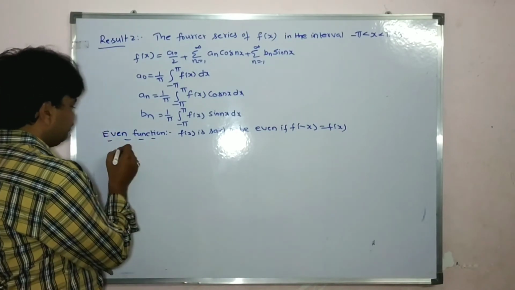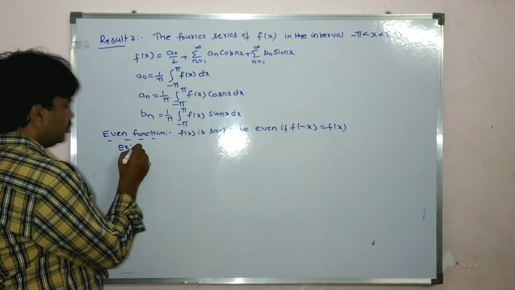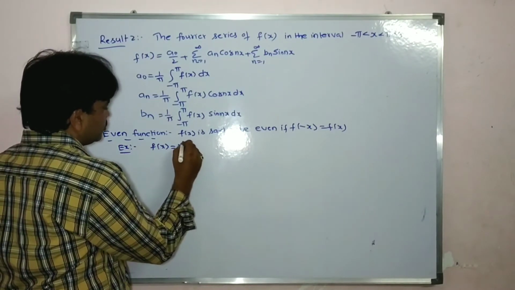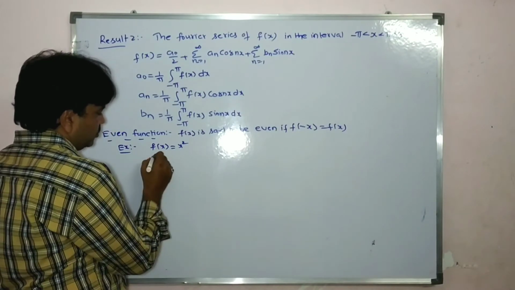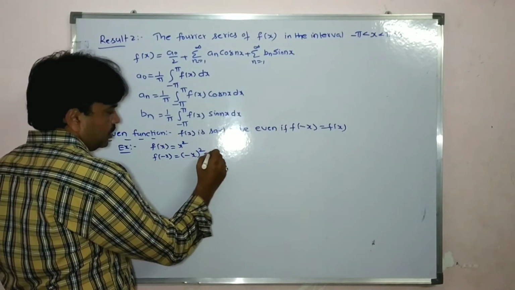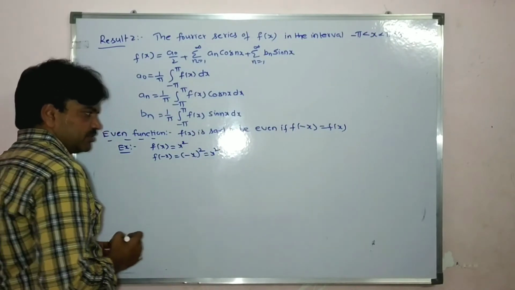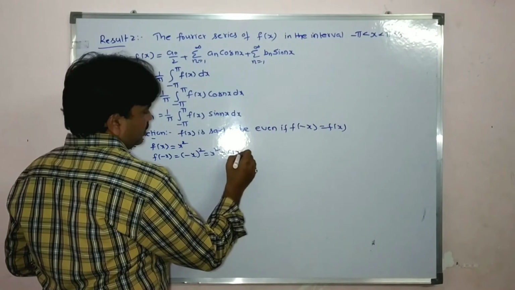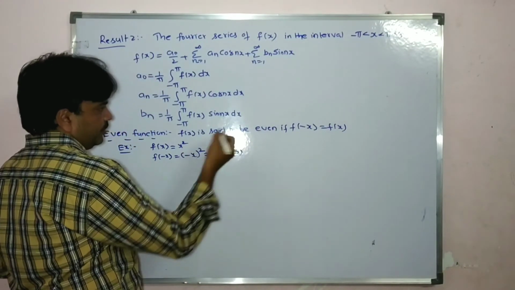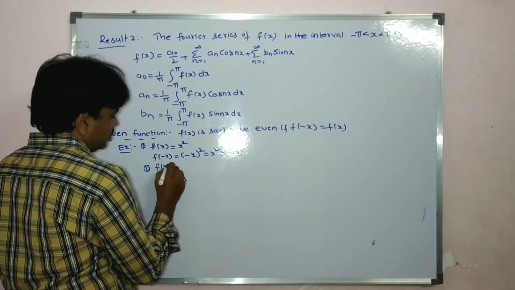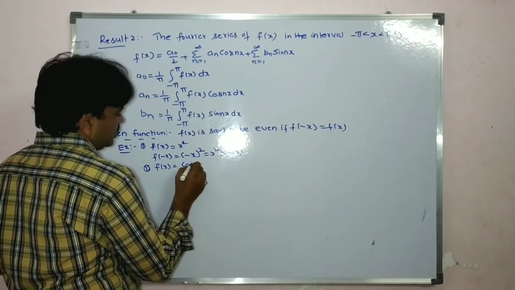For example, if I am taking here f of x is equal to x square, students. So f of minus x, that means minus x whole square, is equal to again x square. So x square is an even function, students. We can give another example, students. f of x is equal to cos x.